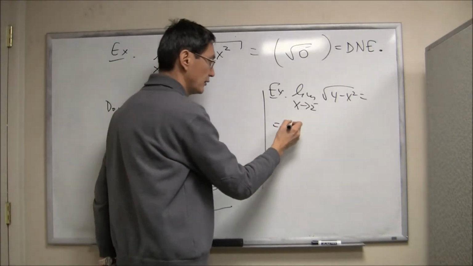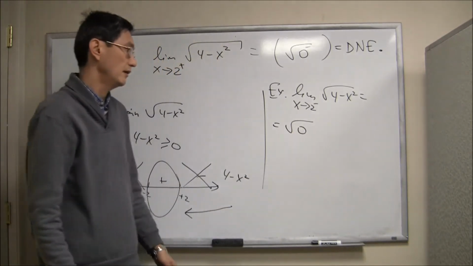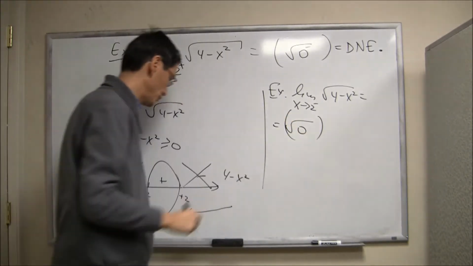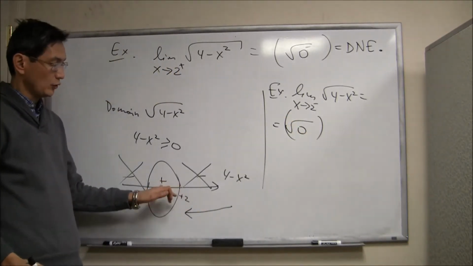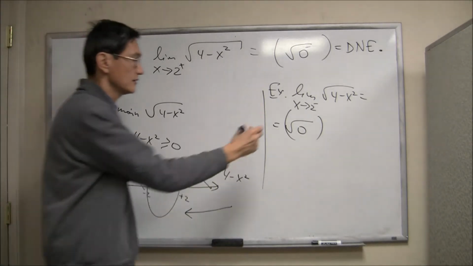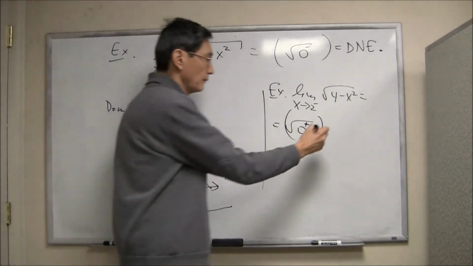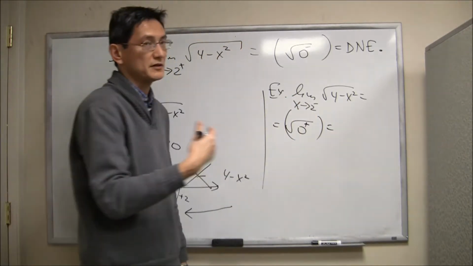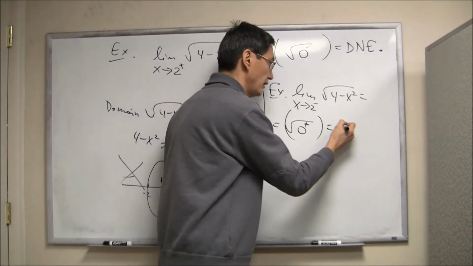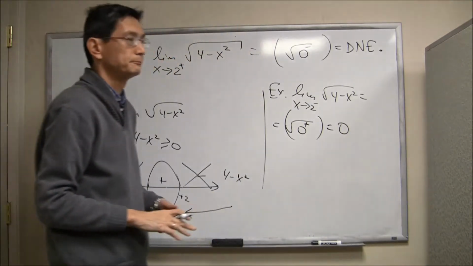So I have the square root of something close to 0, but on the positive side, so it's square root of 0 plus. And the square root of this positive number is defined, so my answer is going to be 0. Okay.